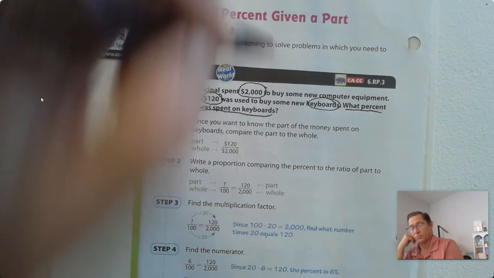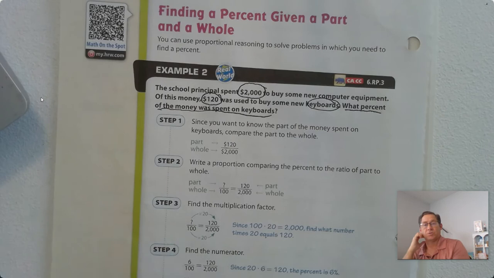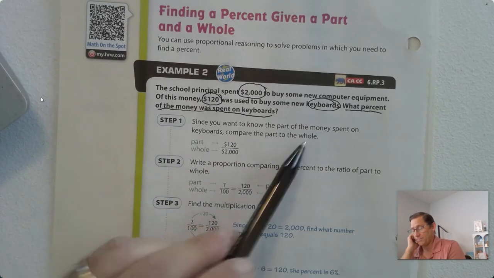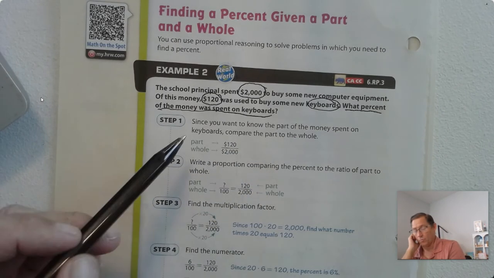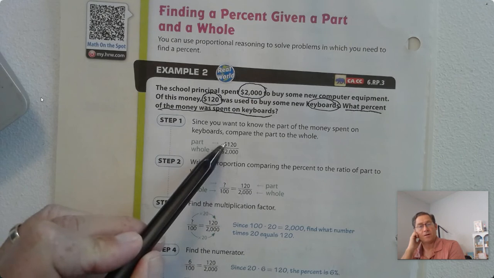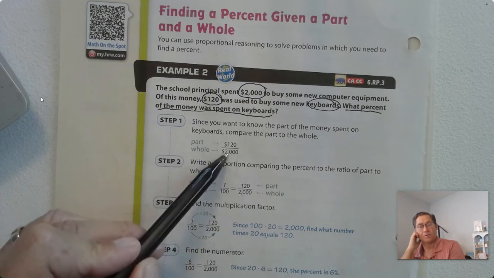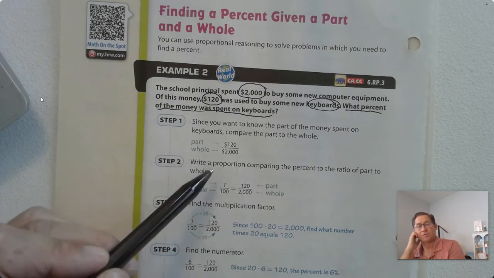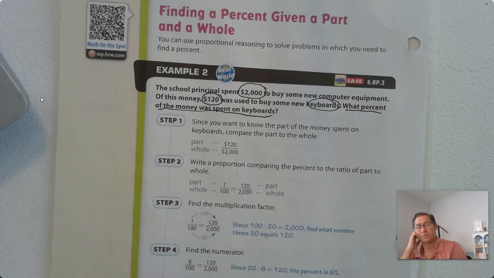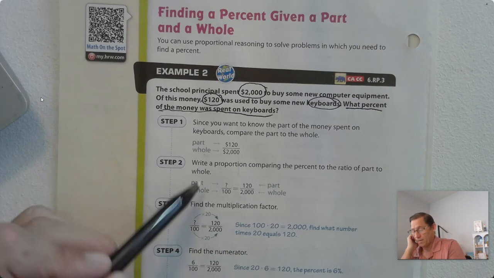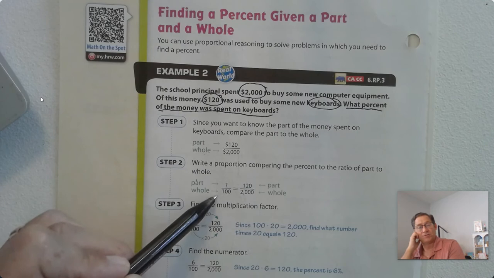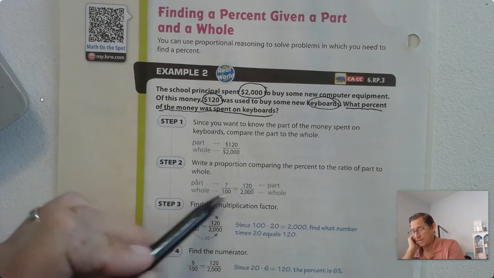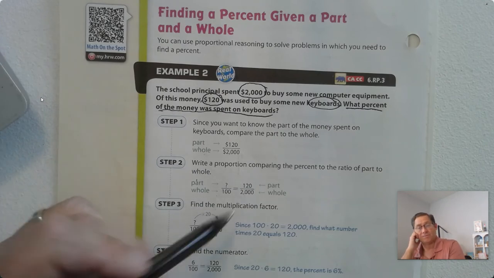out of his $2,000. Since we want to know the part of the money spent on keyboards, compare the part to the whole. The part in this case is $120. The whole is $2,000. So we can write a proportion comparing the percents to the ratio of part to the whole. What percent is equivalent to 120 out of 2,000?